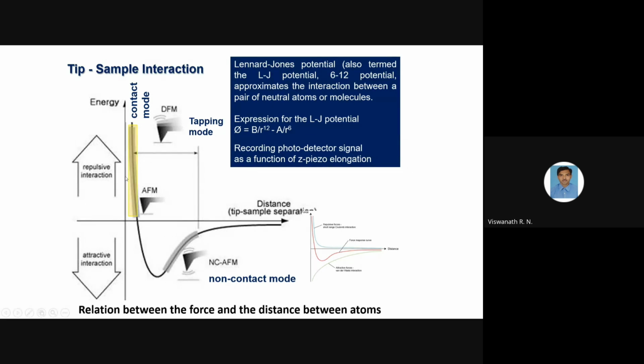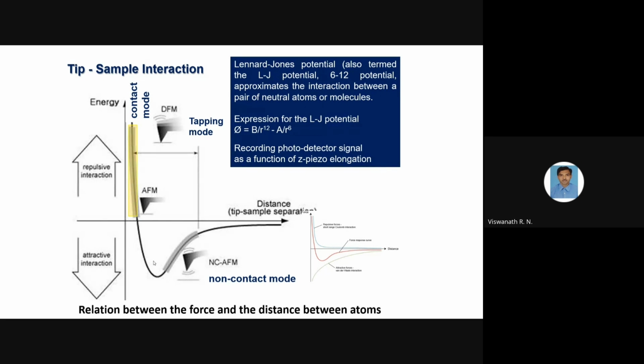When it is repelling, that is the repulsive interaction. Here it is the attractive interaction, here it is repulsive. The equilibrium region is the minimum energy configuration. When any system comes into the equilibrium region, it will start to repel.